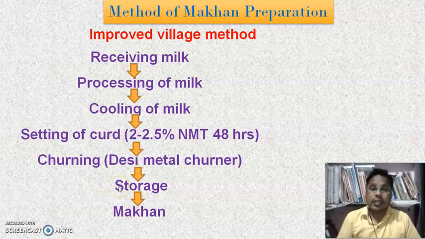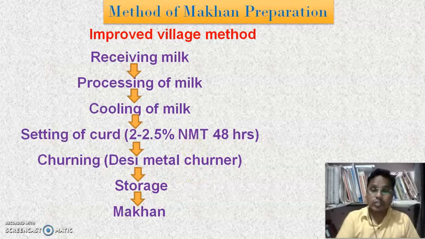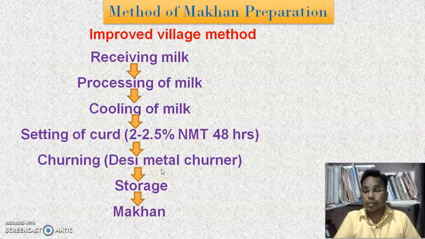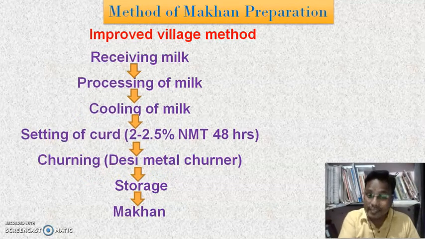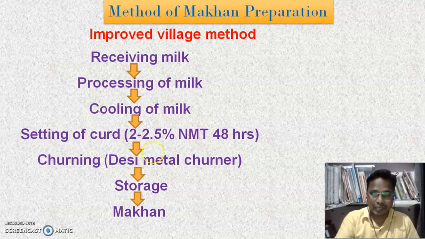Whereas in the village method, the previous method, we have seen that the wooden churner is generally used for the churning process. Whereas in this improved village method, the desi metal churners are generally used for the churning. So this is again the difference between the village method and the improved village method.